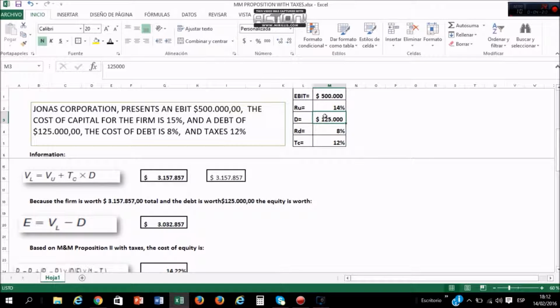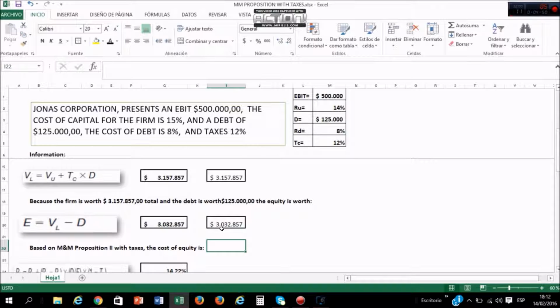So equity will be equal to VL minus debt, in this case $125,000.